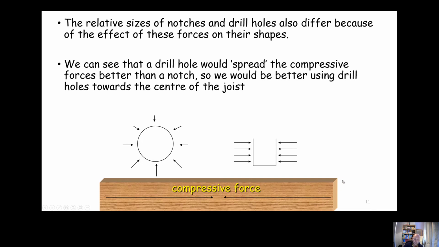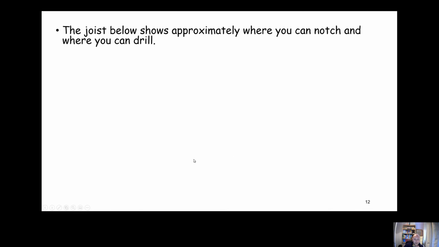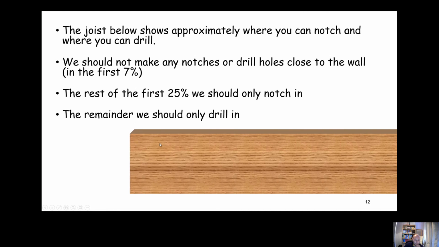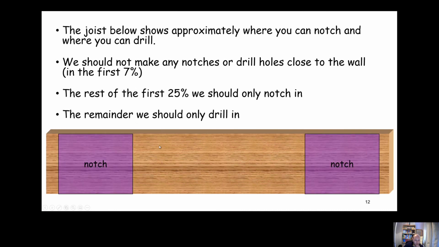So you should notch within the first 25%, and drill in the rest. This shows us where we can notch and where we can drill. Notch only in the first 25%, excluding the first 7%, or the first quarter is another way of saying it. We drill in the rest, apart from the direct centre of the span.